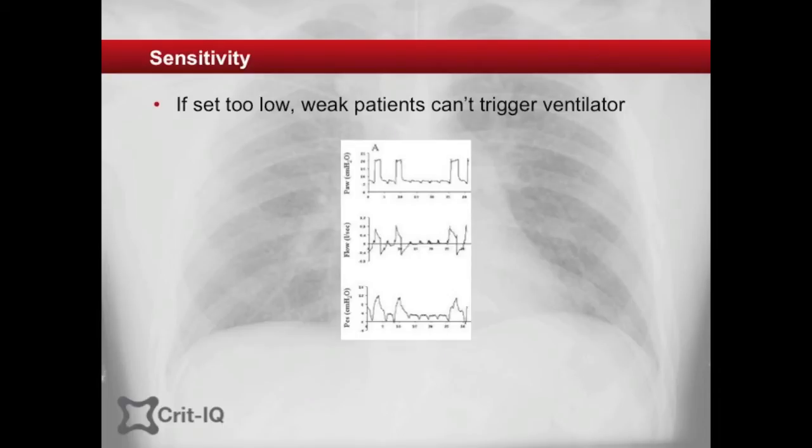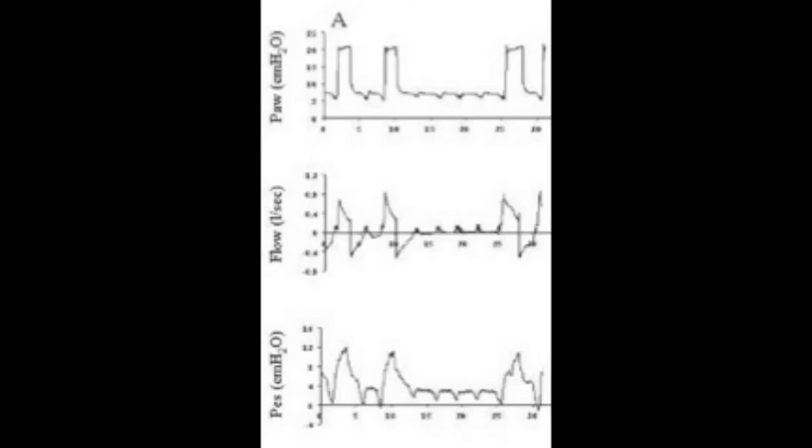An example of a pressure waveform from a ventilator in such a patient is shown here. Pressure dips are clearly visible, but none are sufficient for the ventilator to activate. In such cases, it may be beneficial to increase the sensitivity of the ventilator, making it easier for the patient to start a breath.